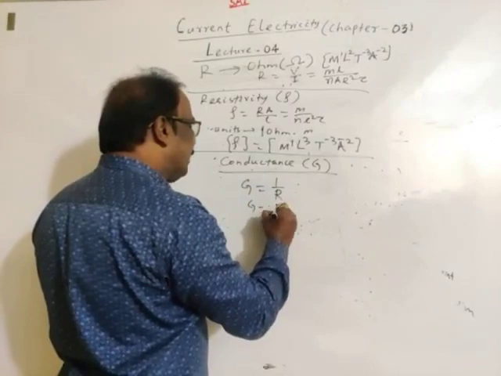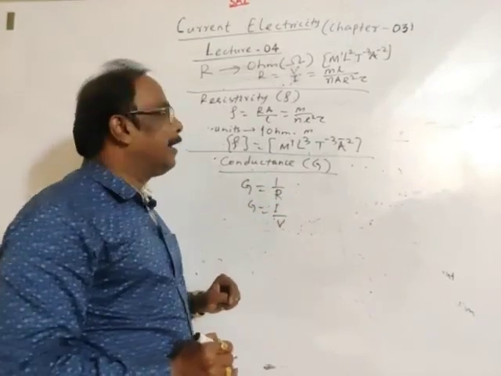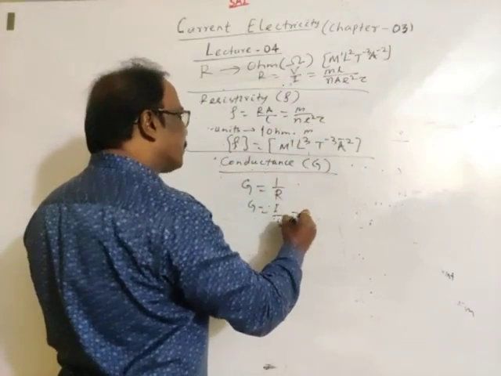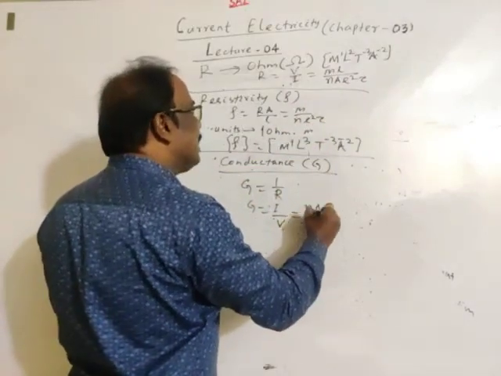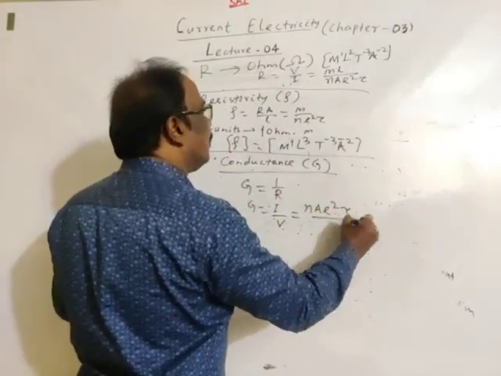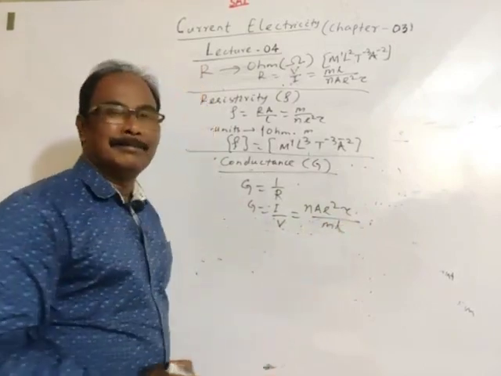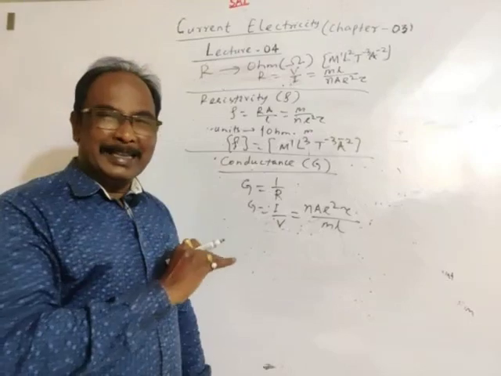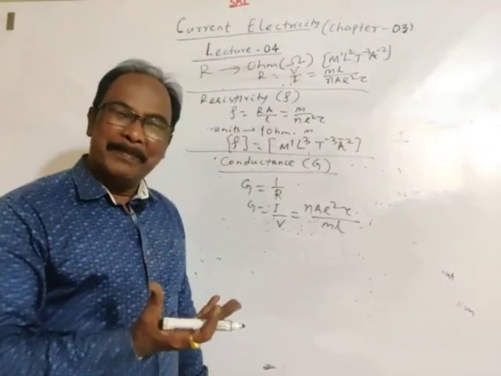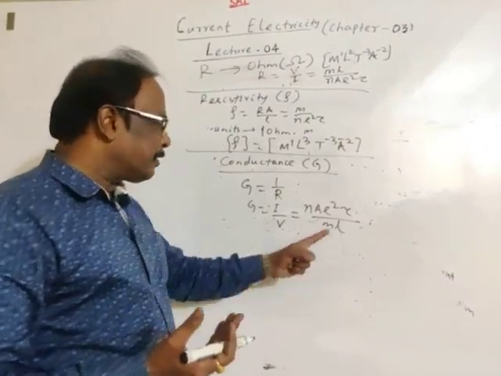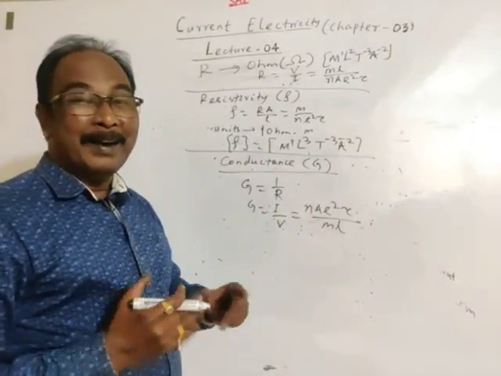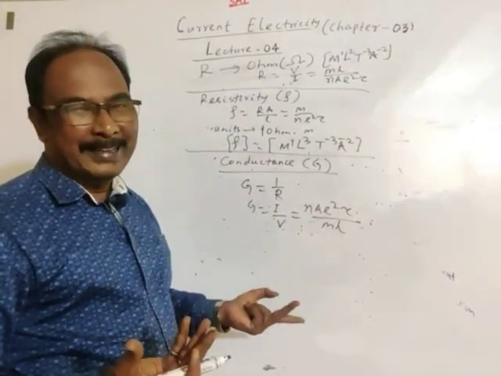Resistance is V by I, conductance is I divided by V. Resistance is ml by n a e square tau, so conductance is n a e square tau divided by ml. Just reciprocal. So the dependence factors are the same. Conductance also depends upon length, area, nature and temperature, but it is the reciprocal of resistance.